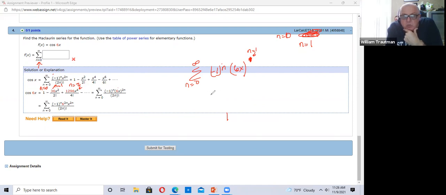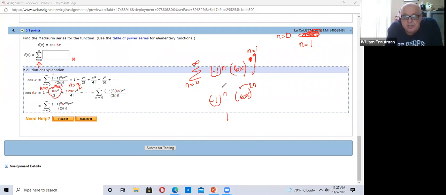So one way of doing this, we know this is going to be n, but the 6x, we have to have something here other than n. And if you look, 2n, now if I put an n=1 in here, I square the 6 and the x, and that's what I'm looking for.